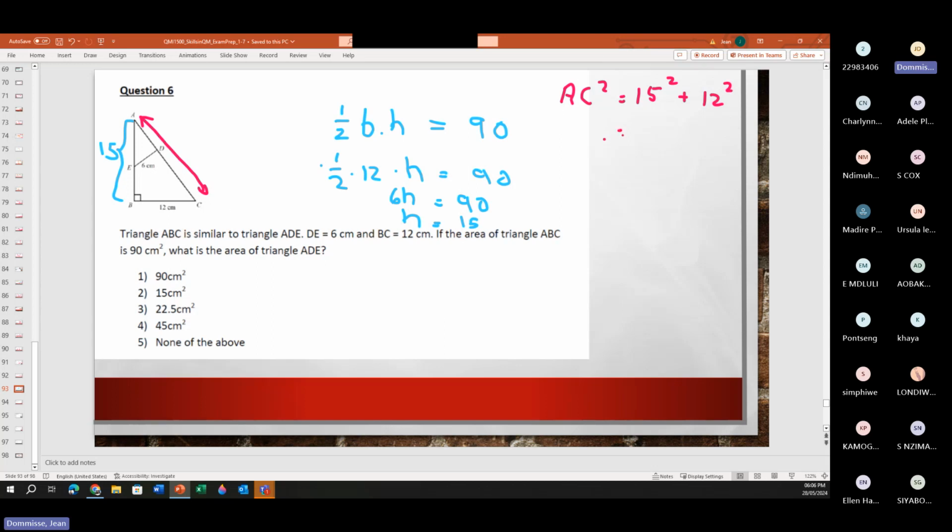So that is 15 to the power of 2 plus 12 to the power of 2, which is 369. The square root of that gives us AC, the length of AC is 19.21.